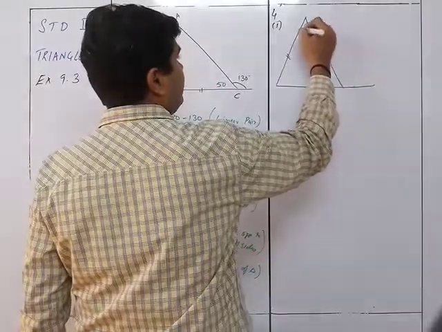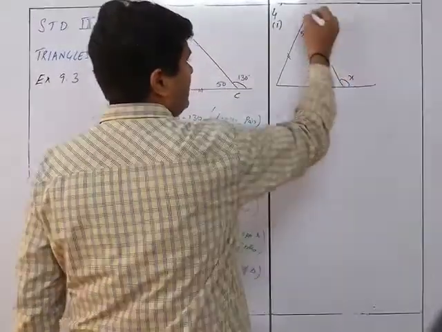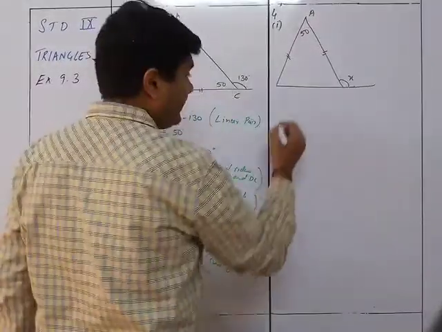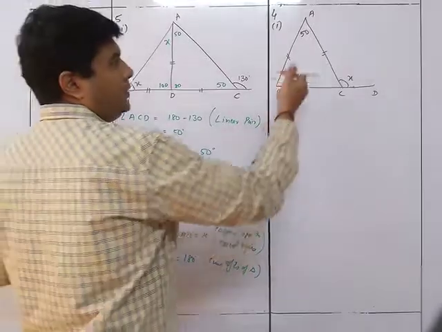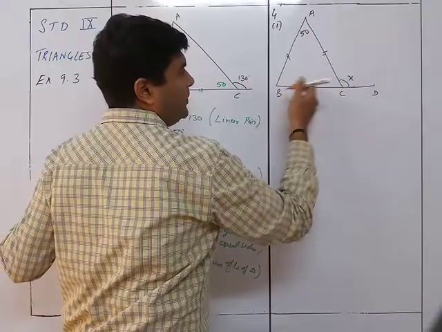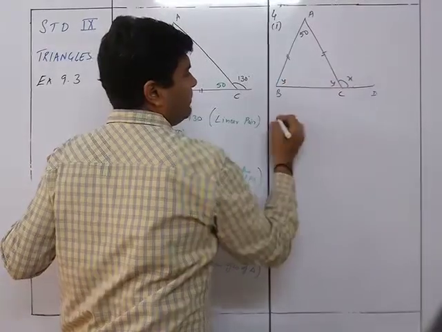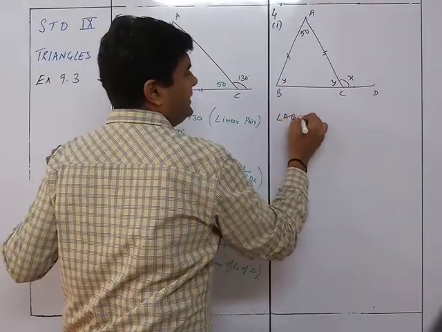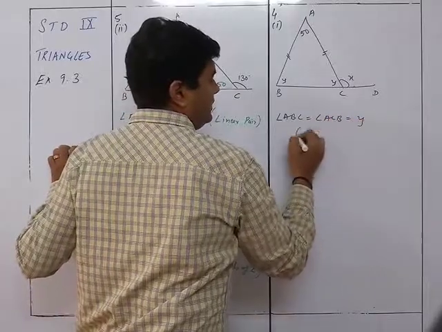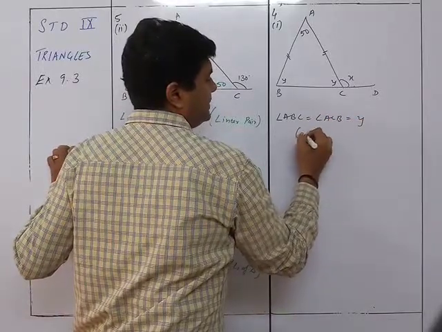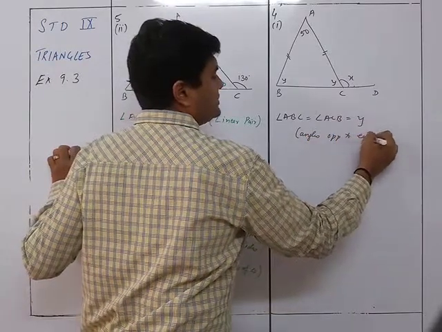This is 50. This is X. A very simple sum. A, B, C and D. We know very well, this will be equal. So we'll take this angle as Y. Angle ABC is equal to angle ACB is equal to Y, angles opposite to equal sides.